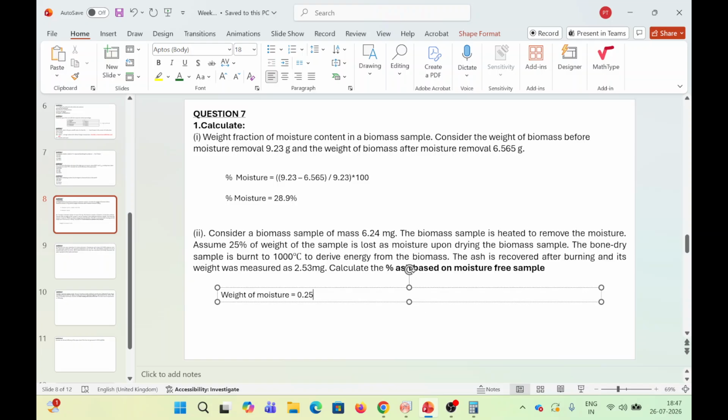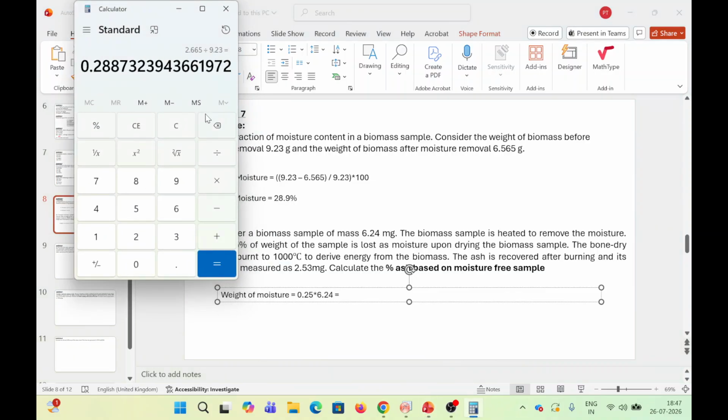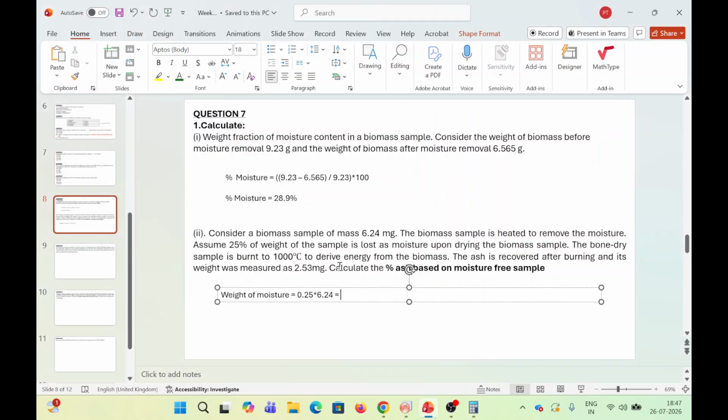So I'm going to write 0.25 times 6.24, which is 1.56. So now you need to subtract this.